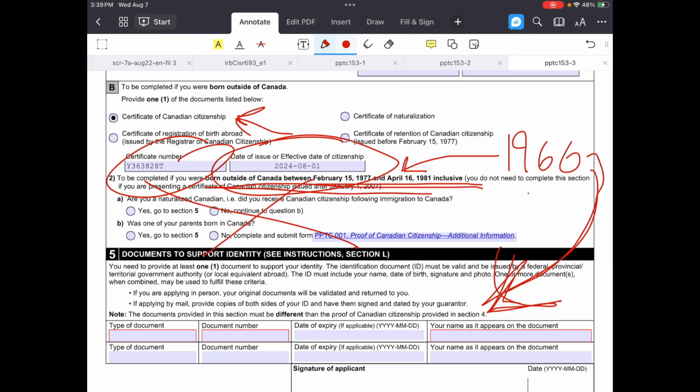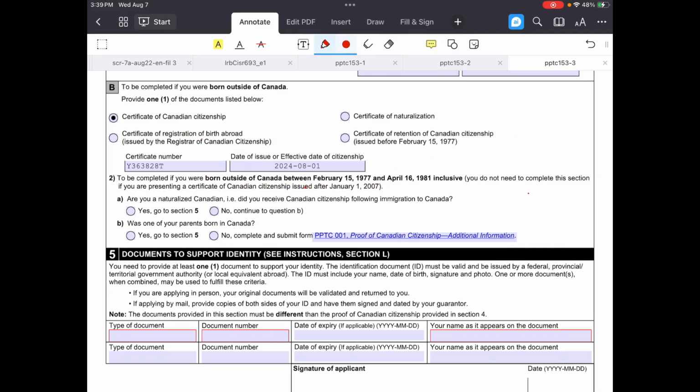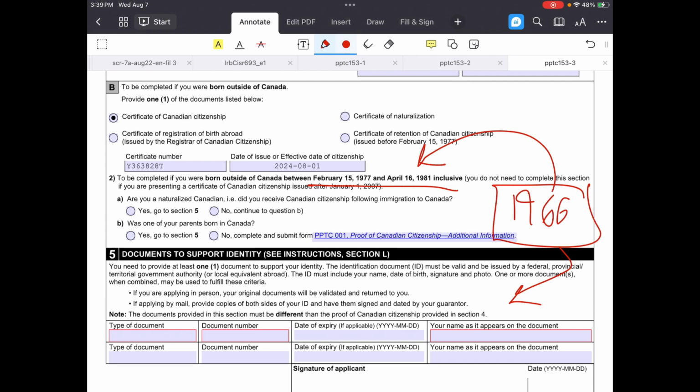But if you were born between these dates, then you must answer these 2 questions. I'm not going to answer these 2 questions. I'm just going to leave it blank because, as I said at the beginning of the video, I was born in 1966, so I can easily move down to section number 5. 1966 is not between these dates, so I can just ignore this question and leave them blank.